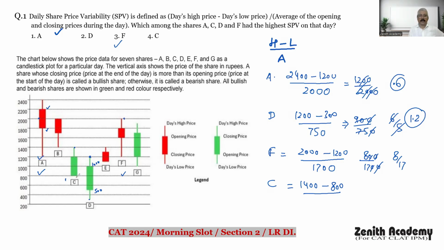Now the average of 1200 and 800 is going to be 1000. So this is 600 upon 1000, so 3 by 5. So 3 by 5 is also 0.6.